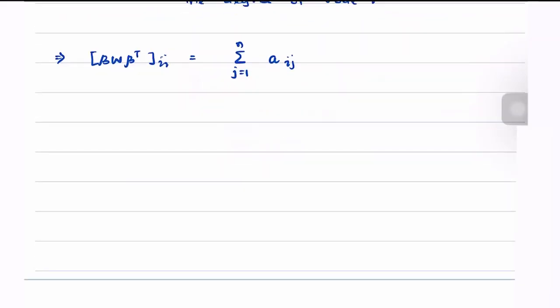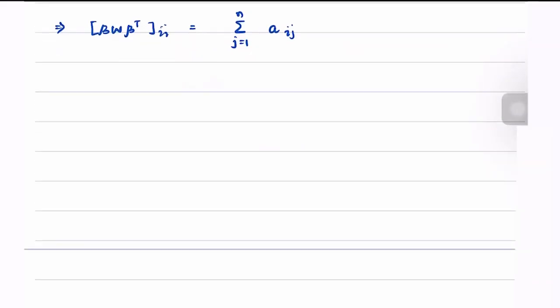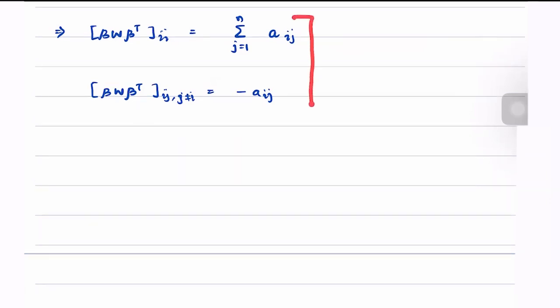This is the first expression. And the second expression is B W B transpose when I and J are not equal. So we can write it here, j not equal to I. This is simply equal to minus Aij. By definition, we saw in the previous set of lectures, in our previous topic on Laplacian, that this is exactly the expression of a Laplacian matrix.